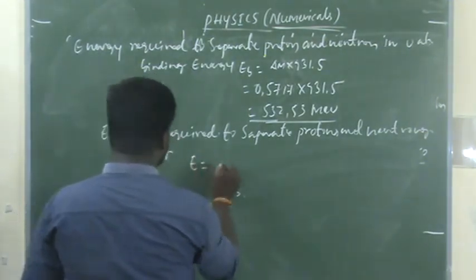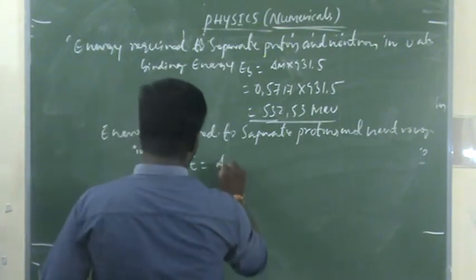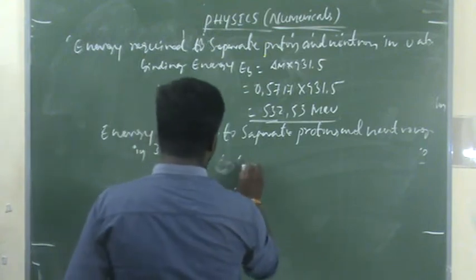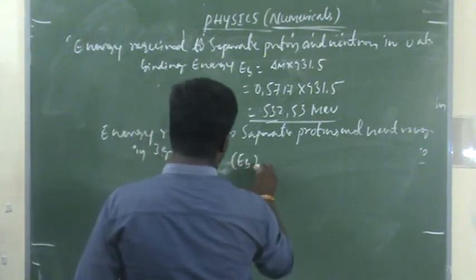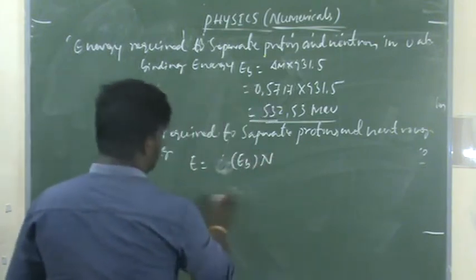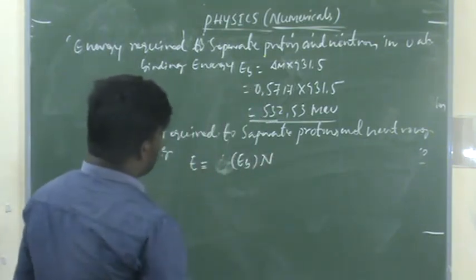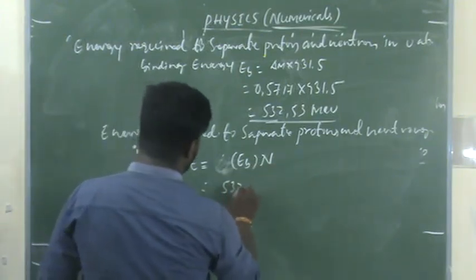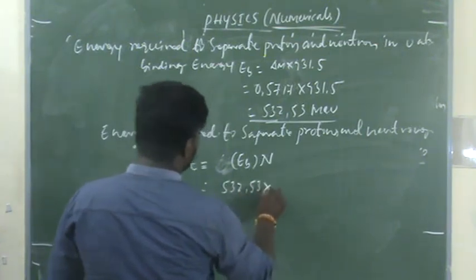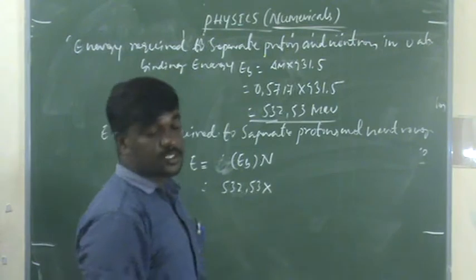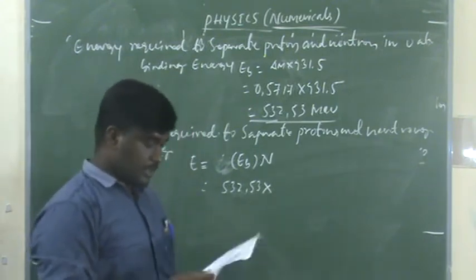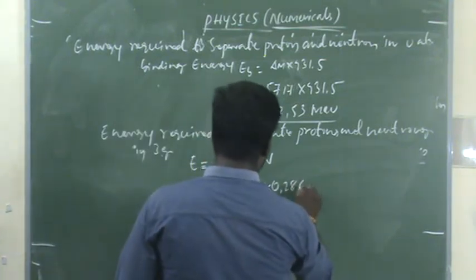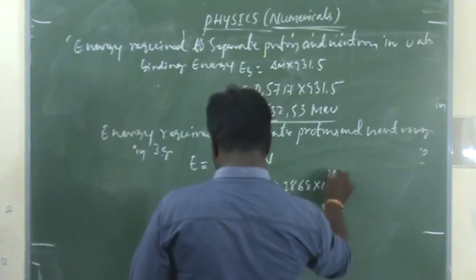That is, energy is equal to the binding energy into the Avogadro number, that is, binding energy into the number of atoms present in 3 grams. The binding energy is 532.53 into, so how many atoms are present in 3 grams of copper? 0.2868 into 10 to the power of 23.